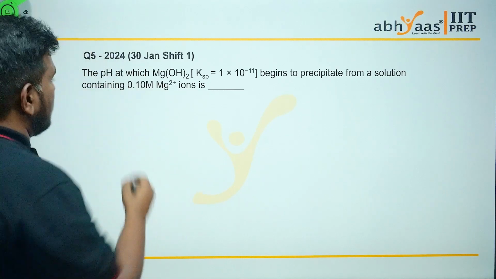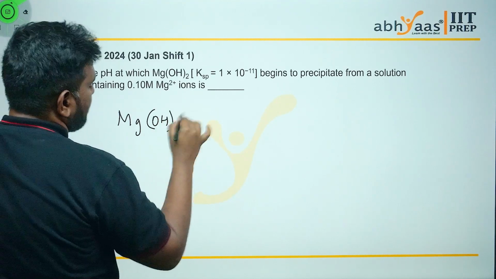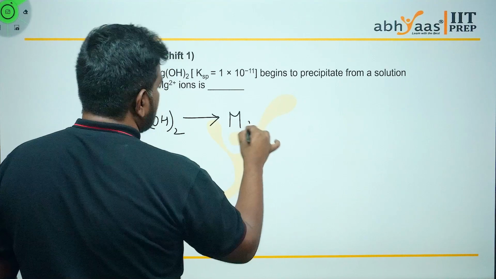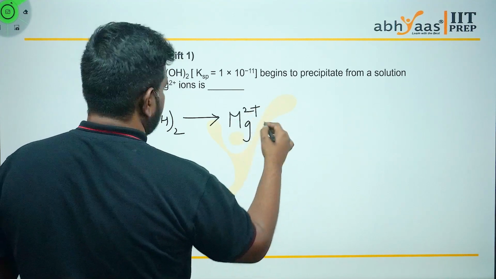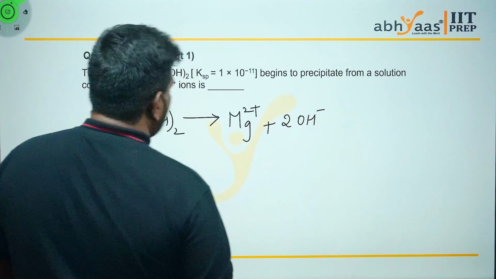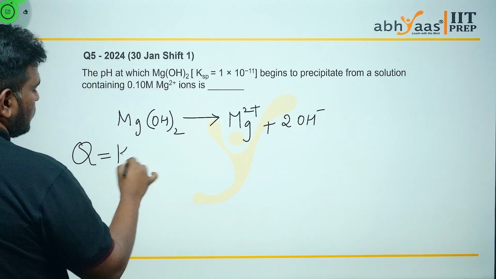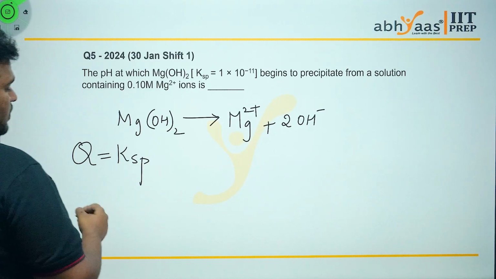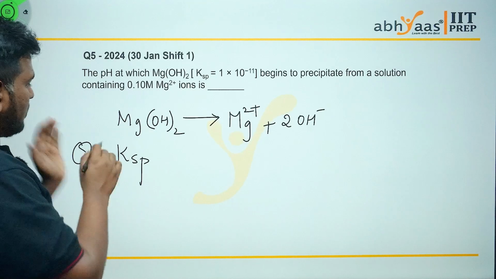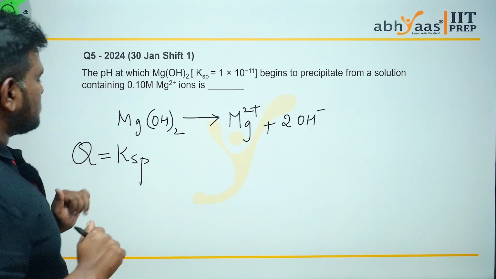First of all, we will write how Mg(OH)2 will be dissociating. It will dissociate as Mg2 plus and 2OH minus. Now you can say that Q will be equal to KSP, because at the time this precipitate is formed, it will be a saturated solution. Then we can write Q is equal to KSP.